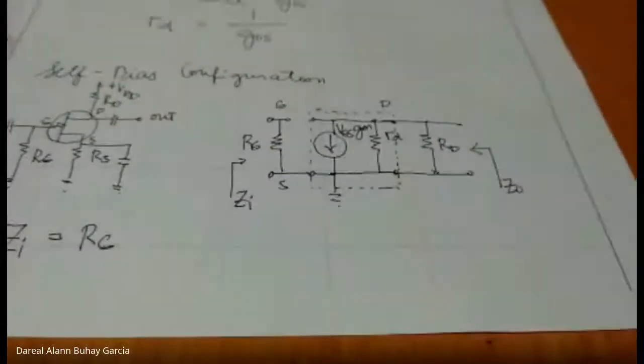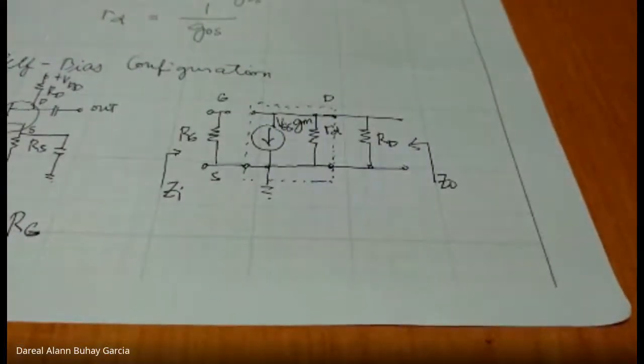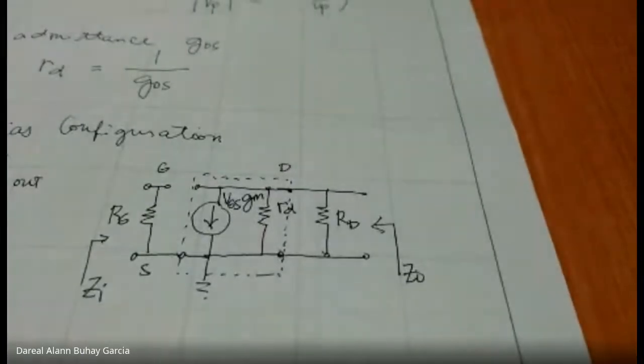How about ZO, the output impedance? RD only. Ignore the system boundary line.